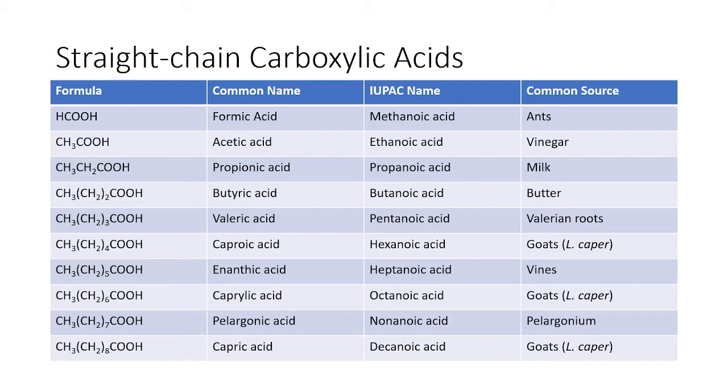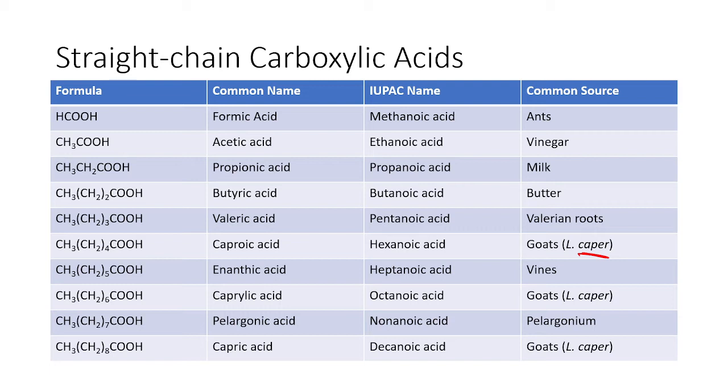And as you may notice here, we also have here the caproic acid or the hexanoic acid that comes from goats. And as you may see here, it comes from the scientific name L-copper. Okay? So, kaya nakuha yung cap. Kaya meron tayong caproic acid and that is also the same for octanoic acid.